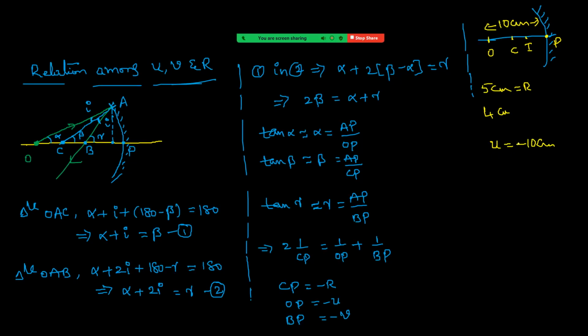If they ask what is v, distance of image is 4, therefore v value is minus 4, because these are on the negative x-axis. Their coordinates are negative, but we want distances, and distances can never be negative.